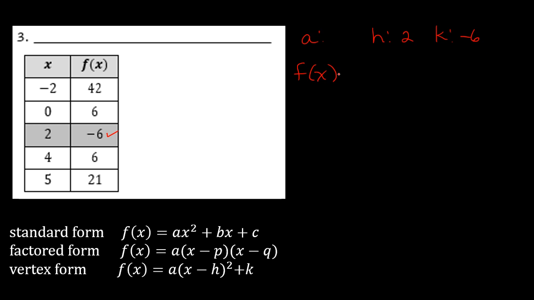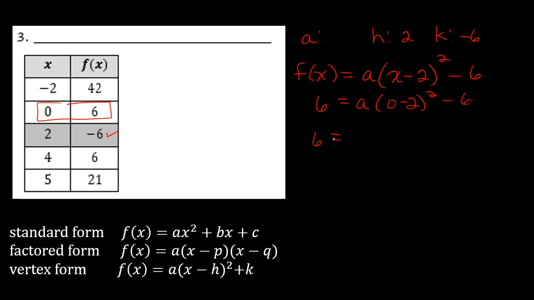So let's write in what we have. It's x minus my H value plus the K value. Let's pick a point other than the point we have used. So I'm going to simply pick the y-intercept, plug in 6 for f of x, 0 for x.